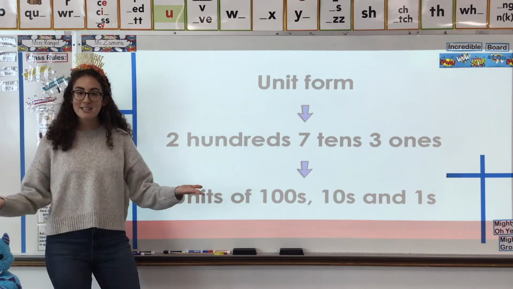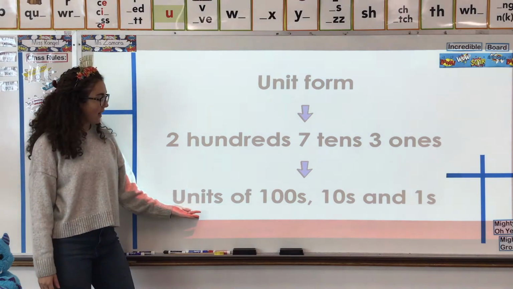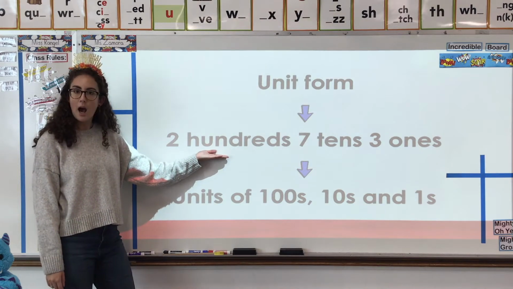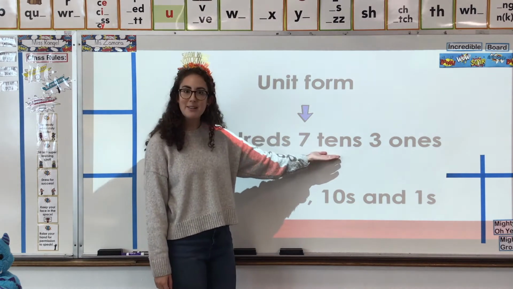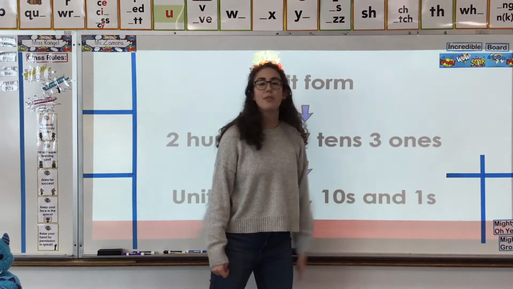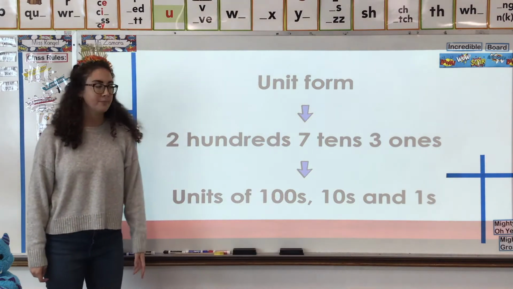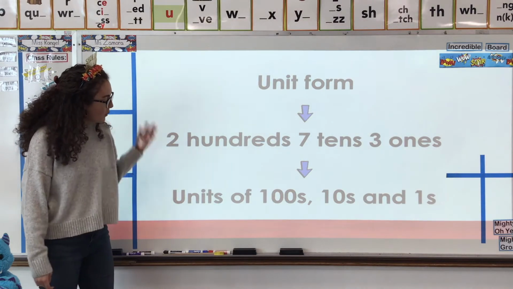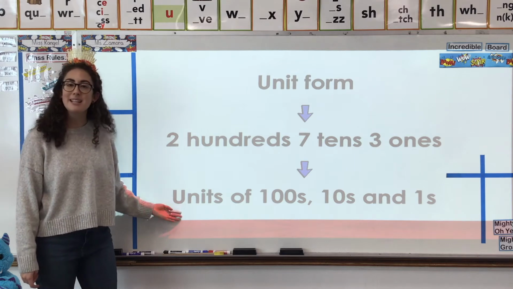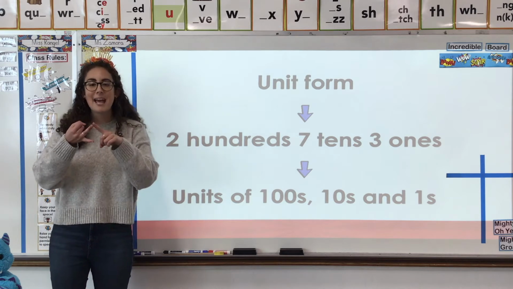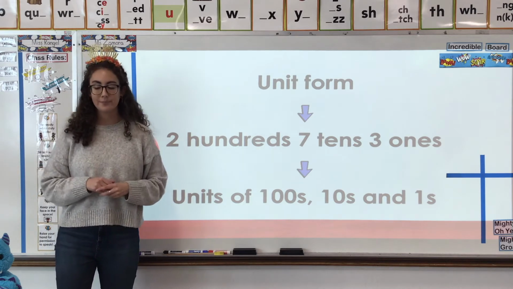So in 273, we see that there's 2 units of hundreds, 7 units of 10, and 3 units of 1. So in unit form, we write how many units of hundreds, tens, and ones there are.